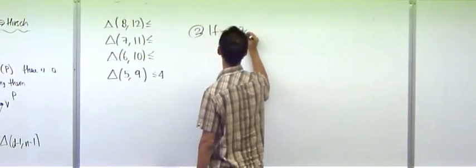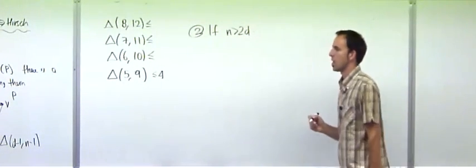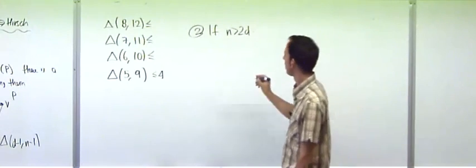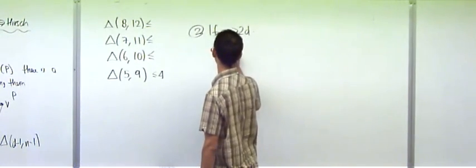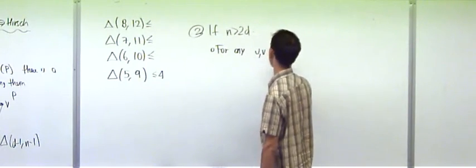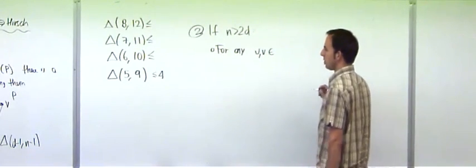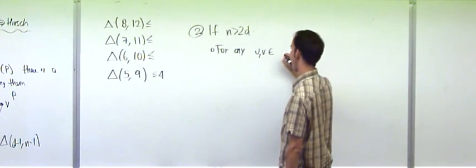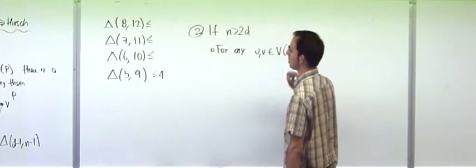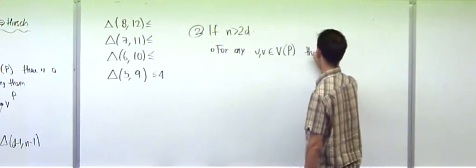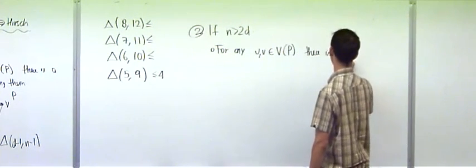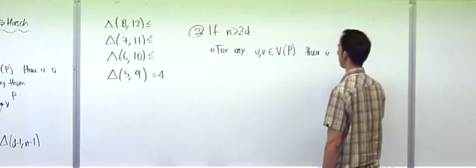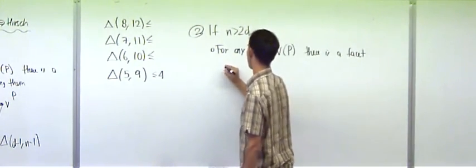The second step is if n is bigger than 2d. And then the lemma that you prove is similar. You prove a lemma that says that for any vertices u and v, there is a facet that doesn't contain either of them.